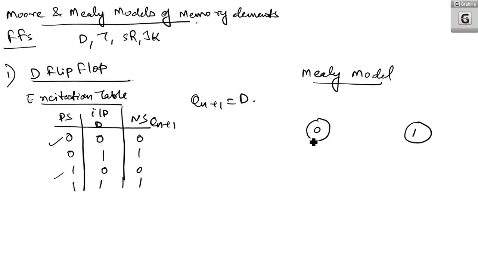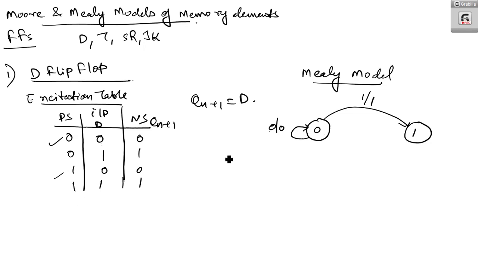That means here, if I am giving 0 bar 0, present state is 0, input is 0, then the output is also 0. Now I am giving input as 1. When input is 1, output is also 1, and that output will become the next state. So you will get 1 bar 1.